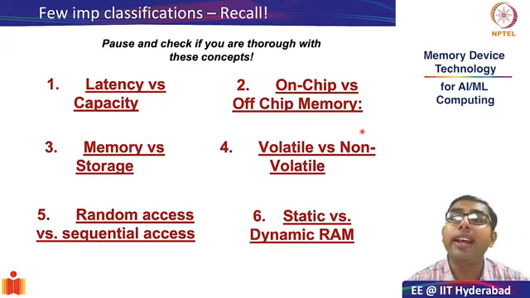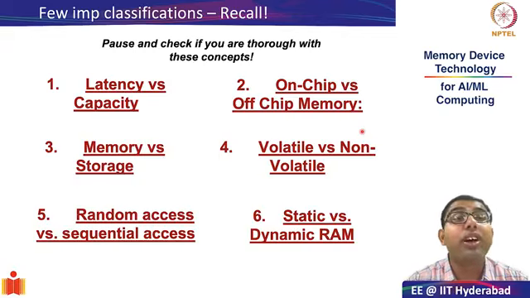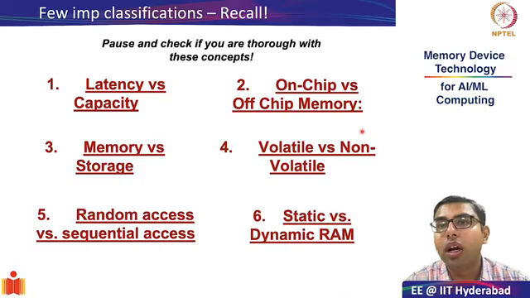Volatility versus non-volatility was the fourth point, where we tried to examine if the state of the memory is preserved after the main power supply to the memory is switched off. In volatile devices that is not the case; the device cannot remember once power is switched off, whereas in non-volatile devices, even after power is switched off, you want to hold on to the data for a minimum of 10 years.